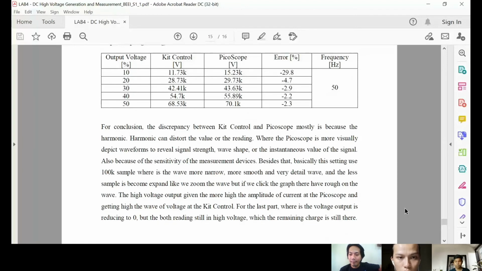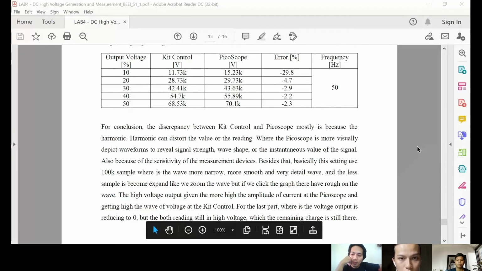So for 10% at the kit control, which is the frequency converter, basically the reading from the FC is more lower than the picoscope.